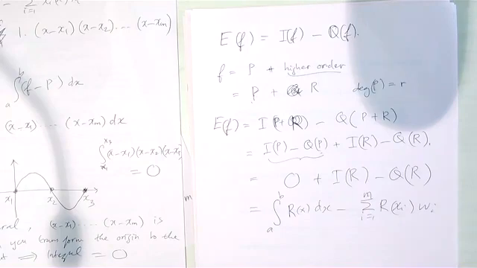the error. This one is the integral of r, and because you have the remainder in terms of integrals, it's a double integral. You can change the variables a little bit, so instead of dt dx, you can change it to dx dt, by Fubini's theorem.